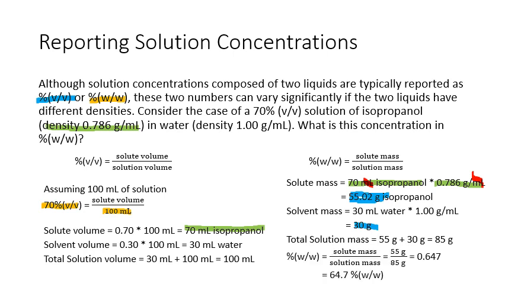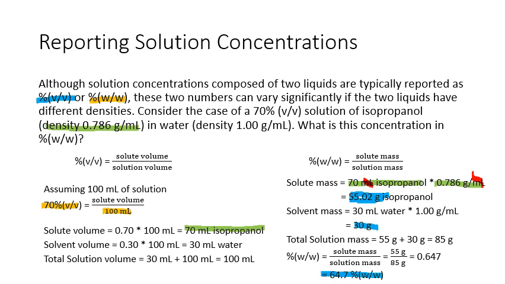So if we were to figure out what the weight percent of isopropanol is in this solution, the weight percent is 55 grams divided by 85 grams, which comes out to about 65%. So a 70% volume solution, a solution where 70% of the volume is isopropyl alcohol, if you were to instead report that same concentration of the same solution using weights, you would say it is a 65% solution of alcohol.